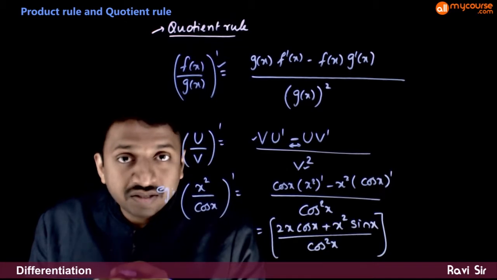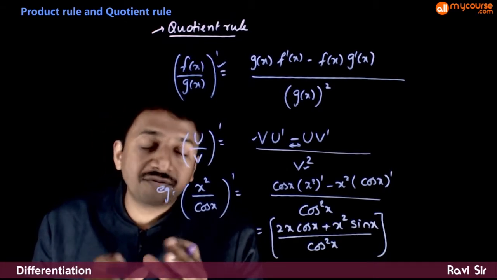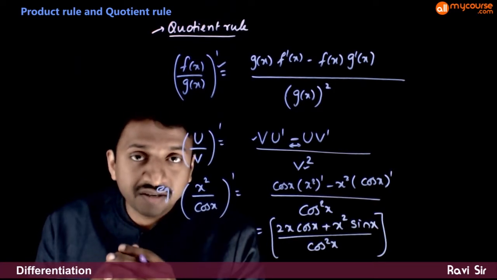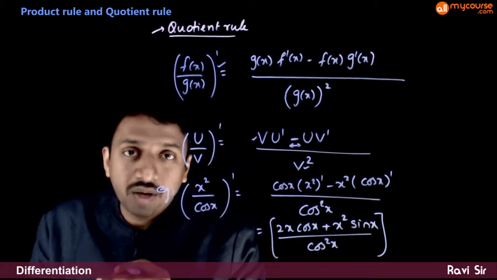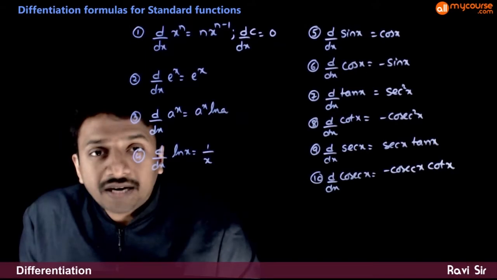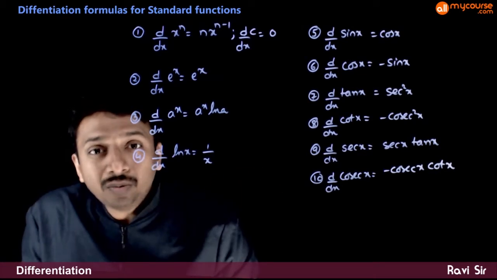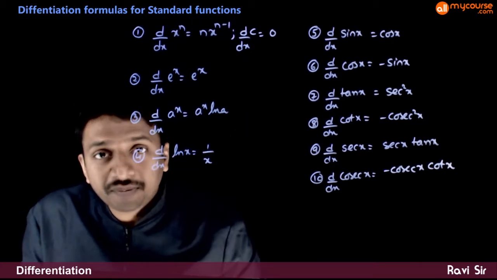Now what we do is, we'll tabulate the standard differentiation formulas. Once we have the standard differentiation formulas, we can differentiate all functions very easily. So now let us look at some standard formulas which you need to remember. These formulas have to be committed to your memory.